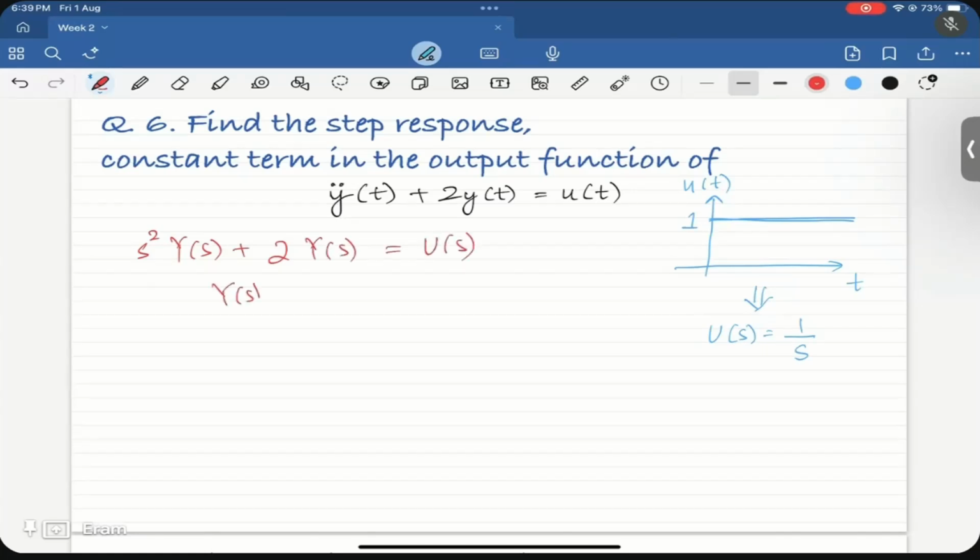This will give us the transfer function. Okay, and now we have to find the step response, so we will put U(s) equals to 1 by s, which will give us Y(s) as 1 by s into s square plus 2. Okay, now find the inverse Laplace of this function.